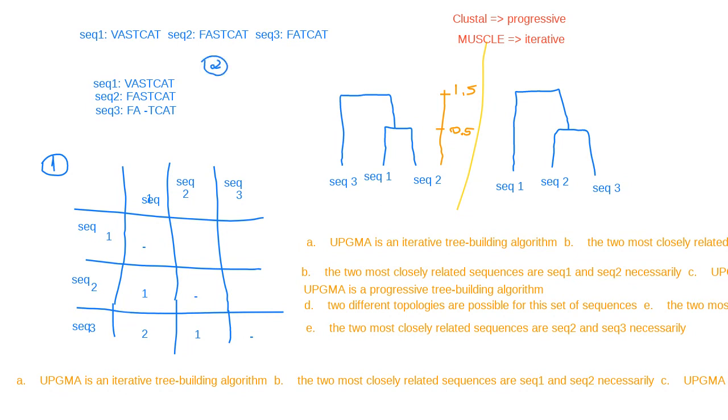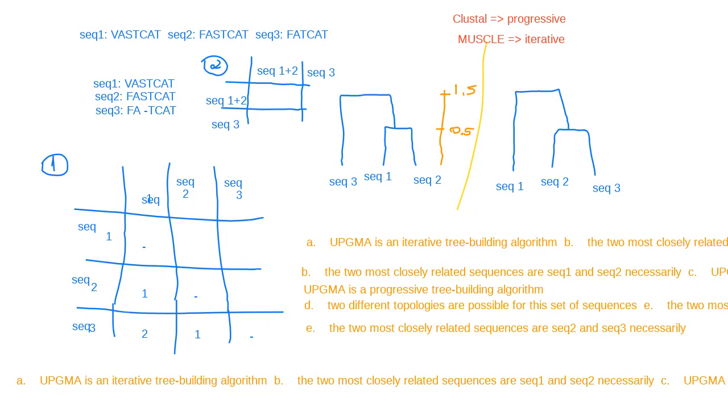Your second version of the matrix would be, you have sequence 1 and 2 together, and sequence 3 is separate. And then here you would have, again, sequence 1 plus 2, and then here you have sequence 3.